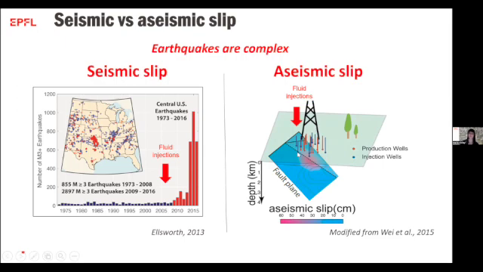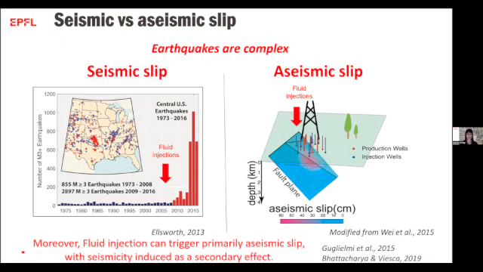This is a very famous example from California, where the aseismic slip is depicted in colors. Moreover, fluid injection can trigger primarily aseismic slip, and then seismicity is induced as a secondary effect. And this has been recently shown by Guglielmi and Viscous.